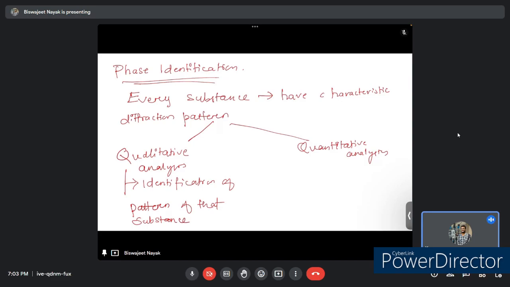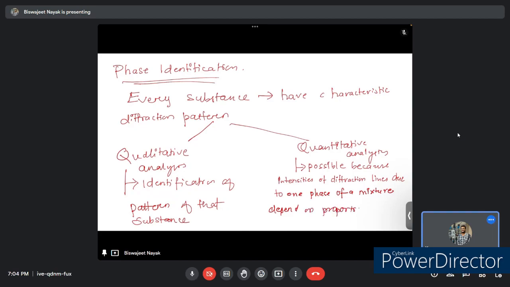And quantitative analysis is possible because the intensities of diffraction lines due to one phase of a mixture depend on the proportion of the phase in the specimen.